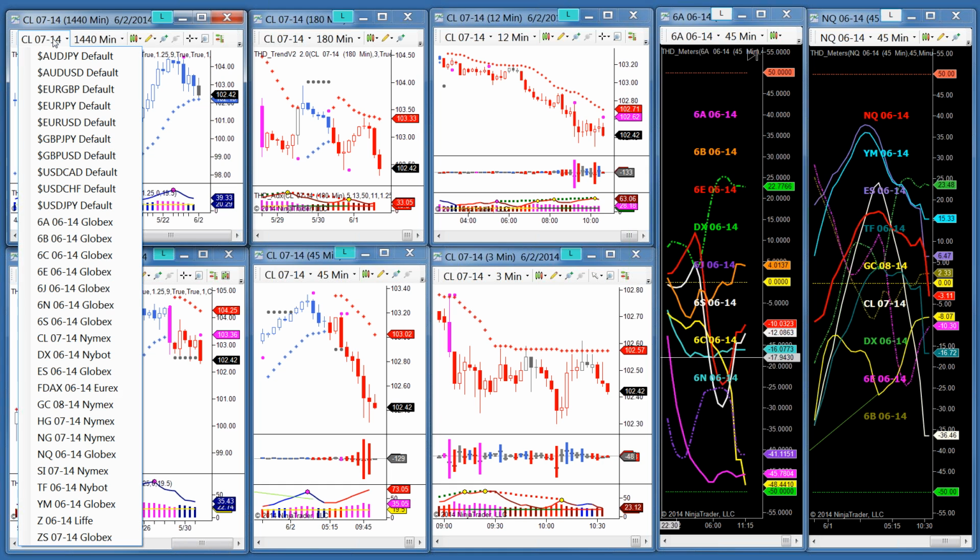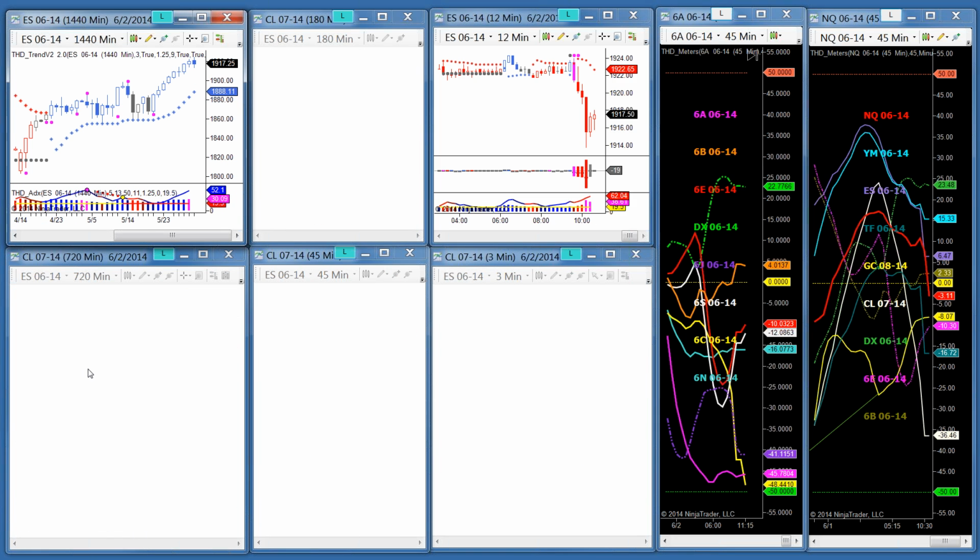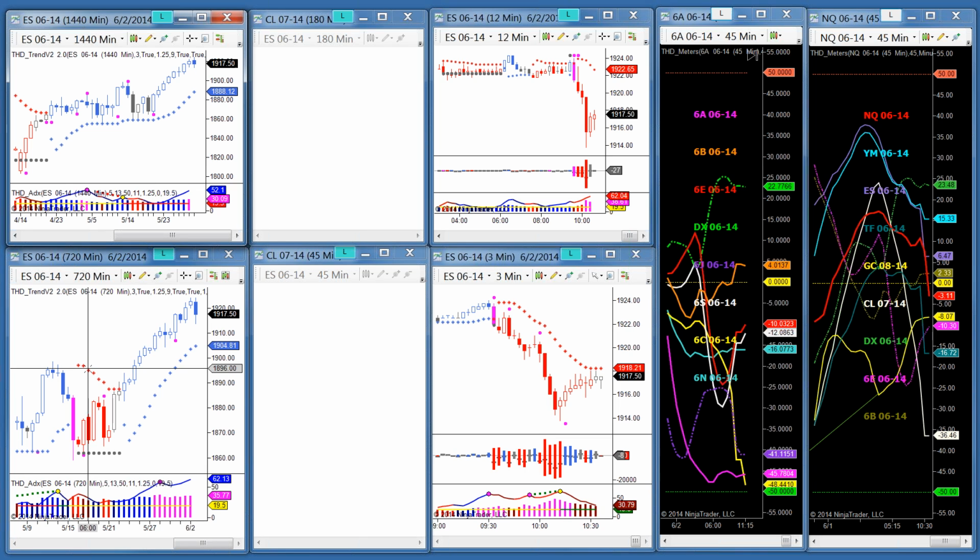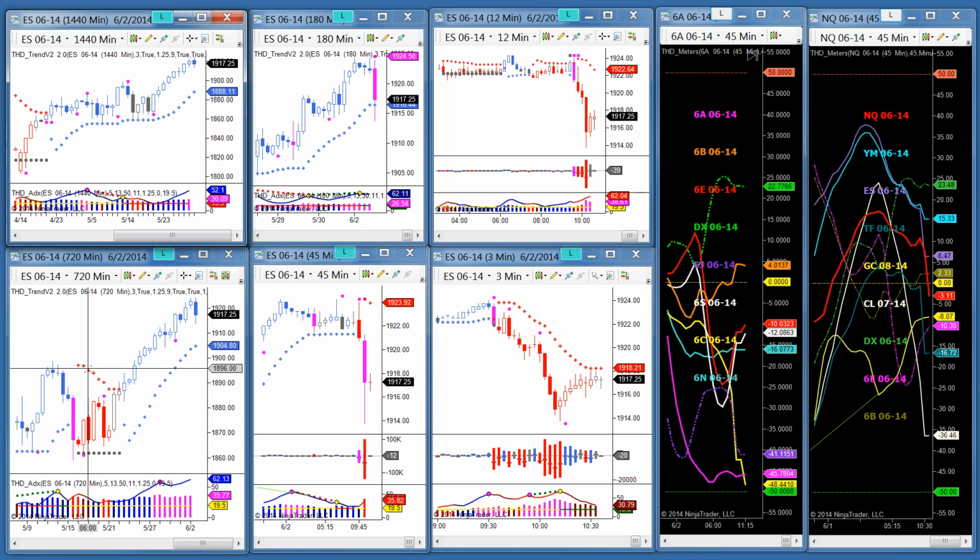Let's go over and see what the ES is doing again. I would still want this ATR here to be broken at this point in time, okay?